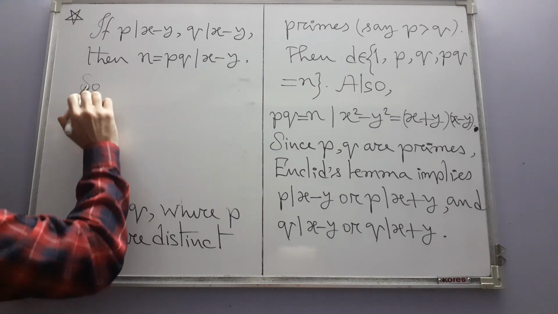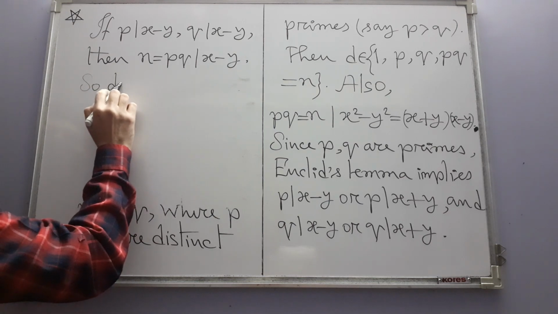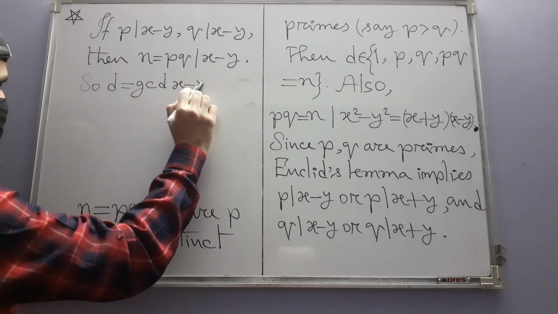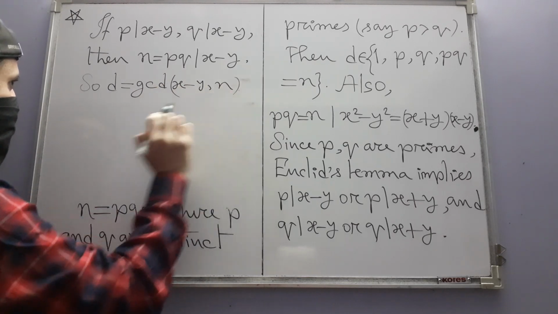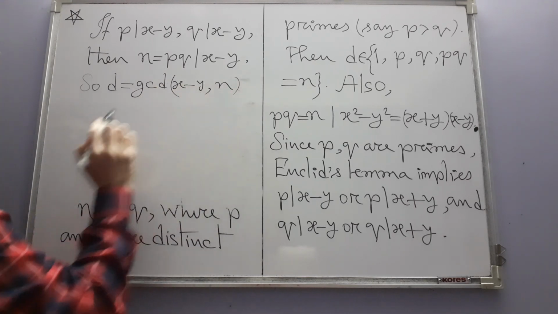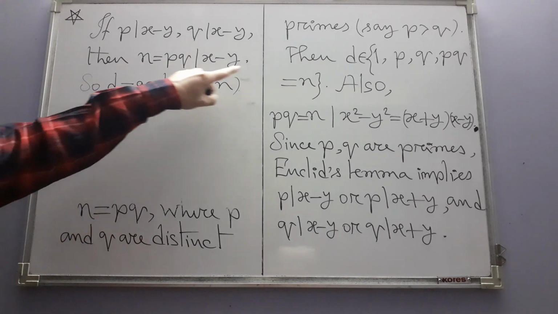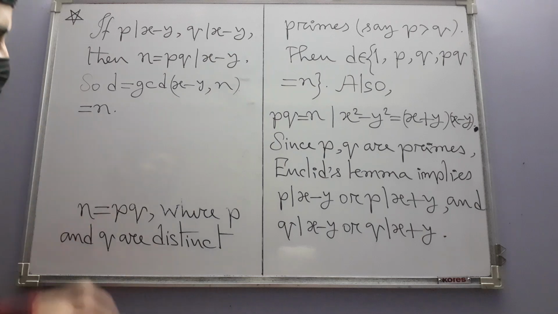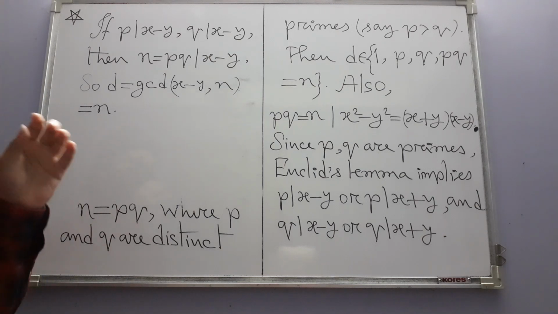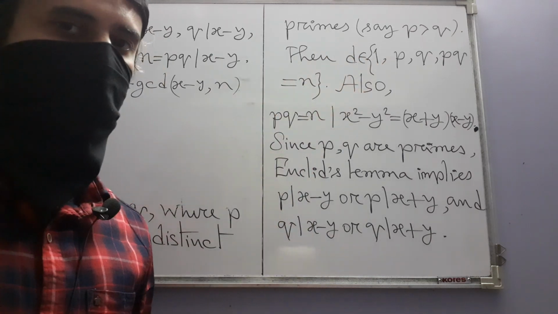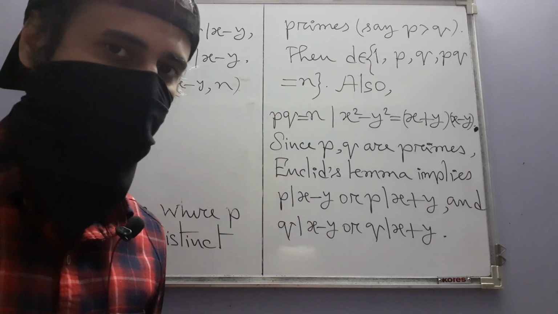So, in this case, our D, if this is the D you are considering, becomes equal to n. Why? Because n divides x minus y, so n itself is the GCD. And that's why this is not what we want. We do not want D to be equal to n. That means we have to avoid this.